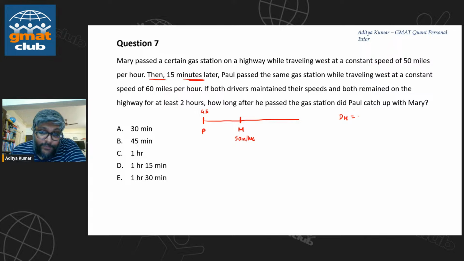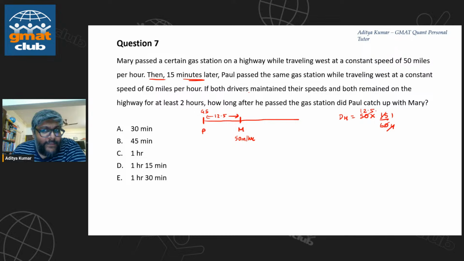Distance is equal to speed into time. That's 50 into 15 by 60, that's 1 by 4. 50 divided by 4 is 12.5. So that's 12.5 miles. That's the gap between Paul and Mary.